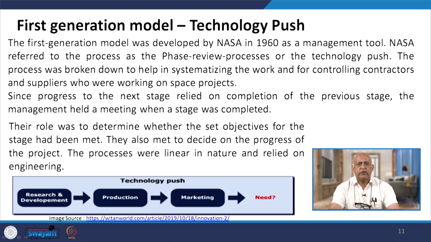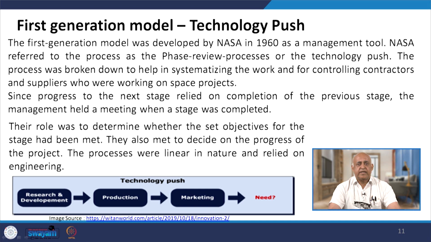The first generation model was developed by NASA in 1960 as a management tool. NASA referred to this process of phase reviews as technology push. The process was broken down to help in systematizing the work and for controlling contractors and suppliers who were working on these projects.